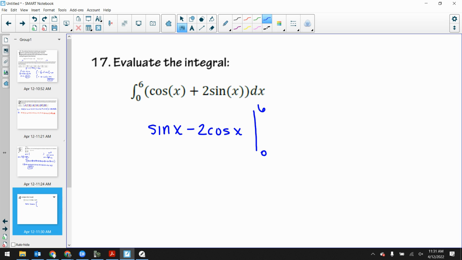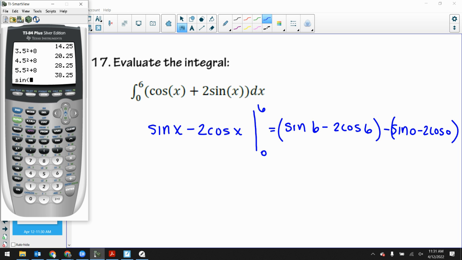What did you have as an answer? I had negative 0.2. Really? I think it's just the way I'm writing it, but let me keep going. Sine 6 minus 2 cosine 6, all of that minus sine 0 minus 2 cosine 0. Let's evaluate that.